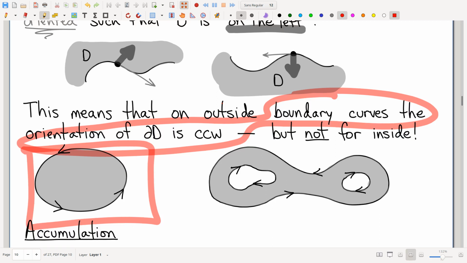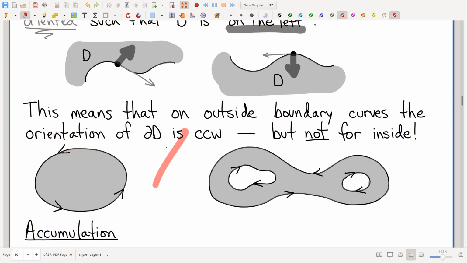Not that simple. It's not always counterclockwise because of an easy counterexample, look over here. If I have a solid that has holes in it, like this, which direction do I go, let's say from this point, to have the region on my left? Well, I have to go that way, which of course would make it clockwise.